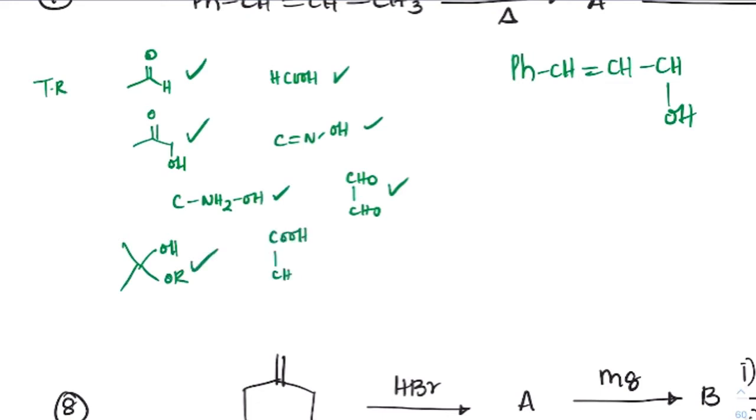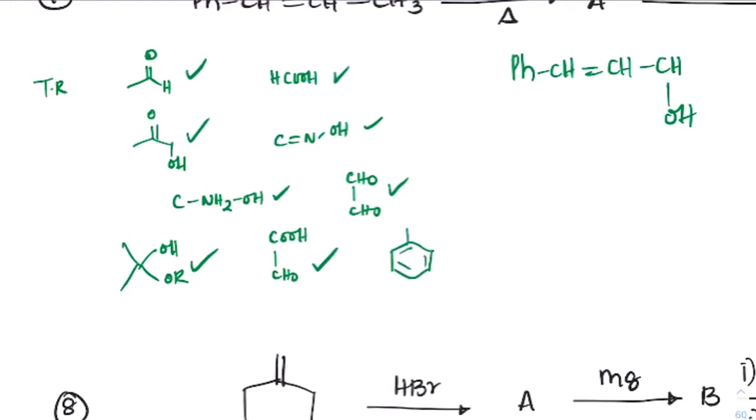Acid and alcohol present like this, then also aldehyde is present, then also it will give, got it? Here it may be connected to something else, but as long as we have an aldehyde, the reaction will give.